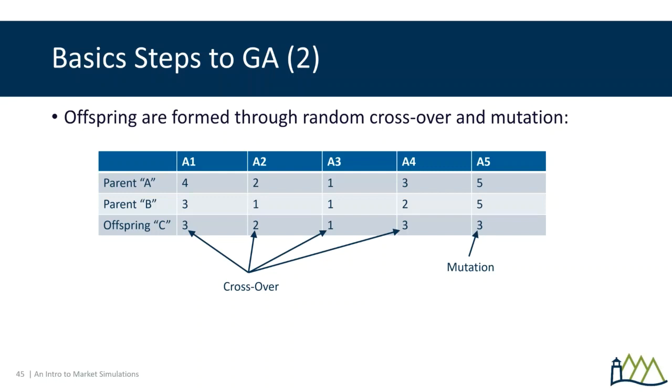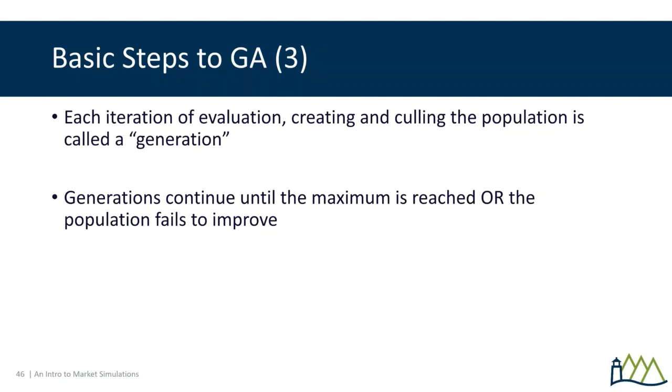But just like in real genetics, we also have mutations. On attribute 5, neither parent has level 3, but we randomly mutated one of the levels, and so that one's changed. That adds a little bit of variety and allows these things to evolve a little bit.